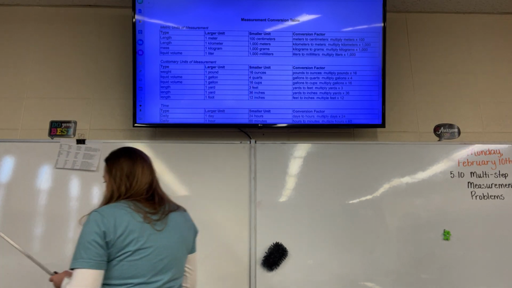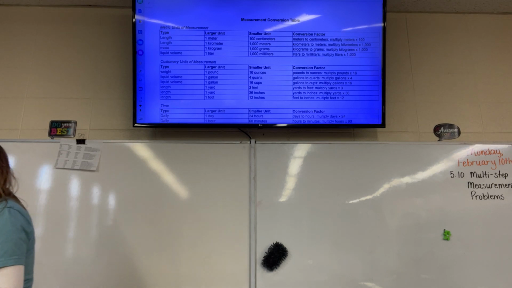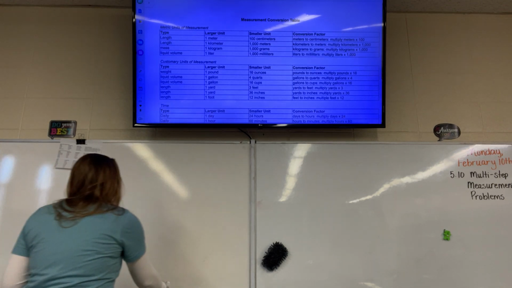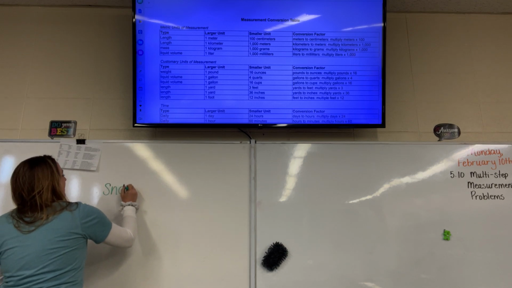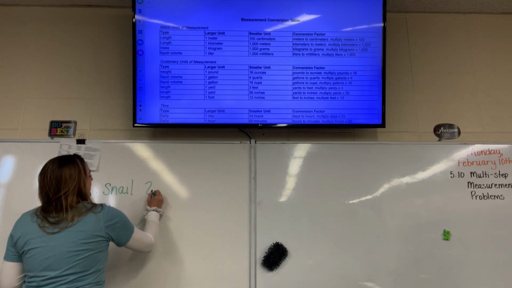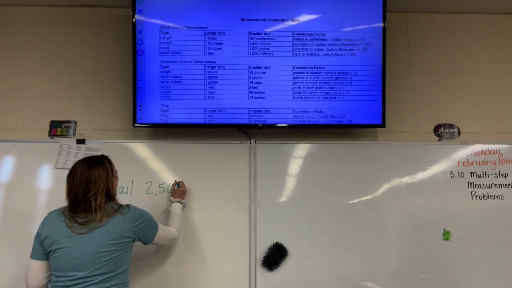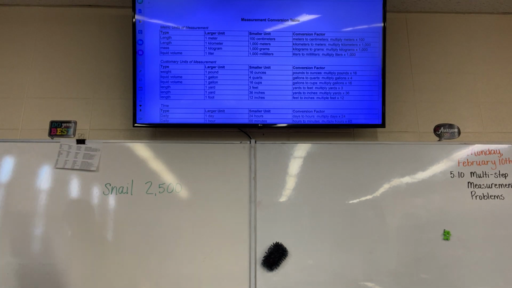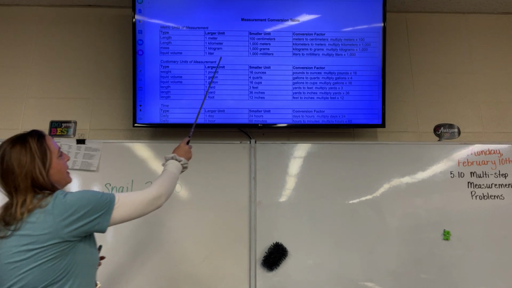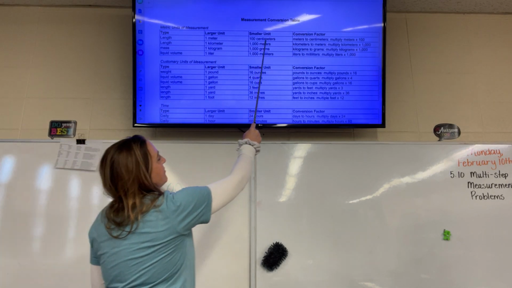So which animal is it that's 2,500? The snail. The snail travels 2,500 centimeters. And if we want to turn centimeters into meters, do you see what it says here about turning meters into centimeters?